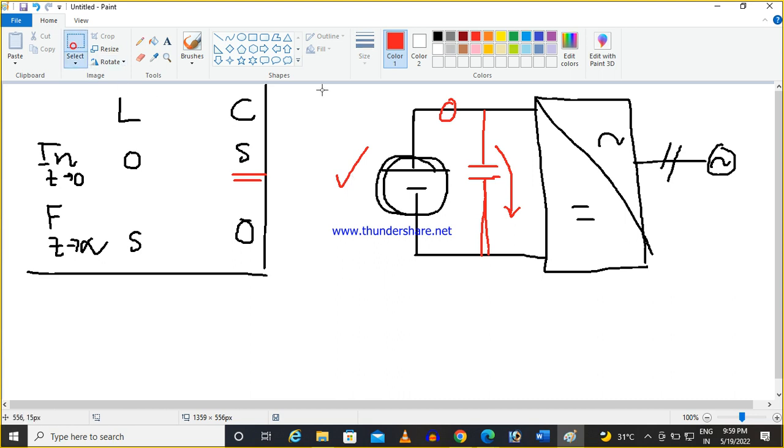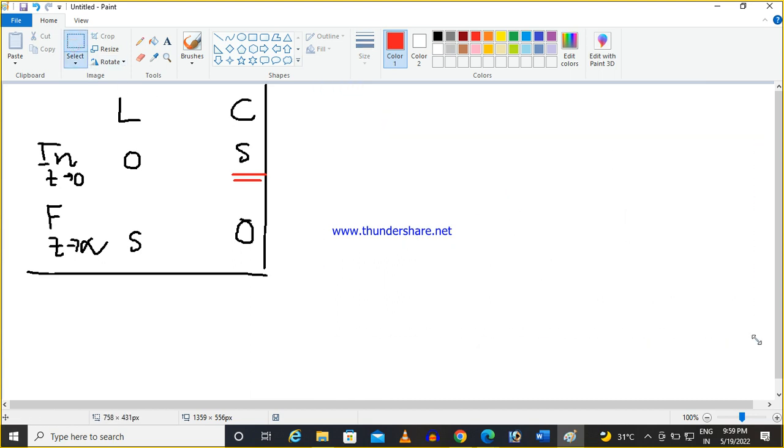This is not applicable for a very low power converter, but in a high power converter it is required.